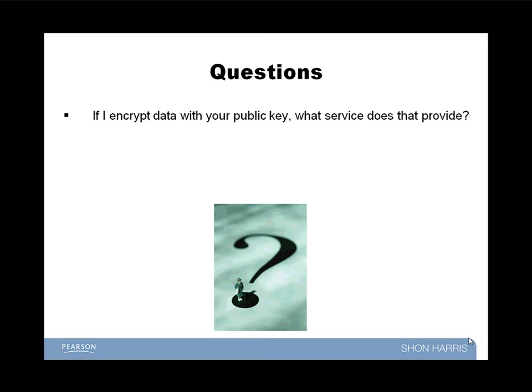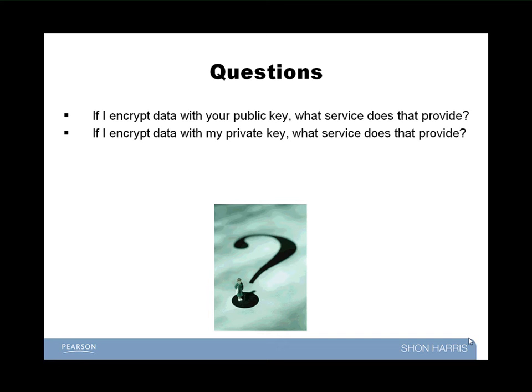Who can decrypt that? Only you, because you should be the only one who has your private key. So if I encrypt data with your public key and you're the only one who could decrypt it, that would be confidentiality.